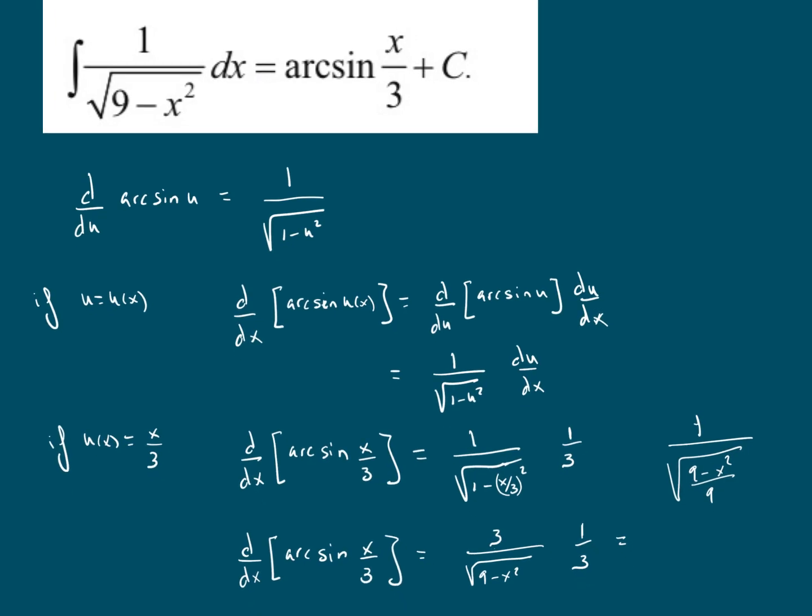Then what I have is 1 divided by the square root of 1 minus u squared, multiplied by the derivative of u with respect to x.